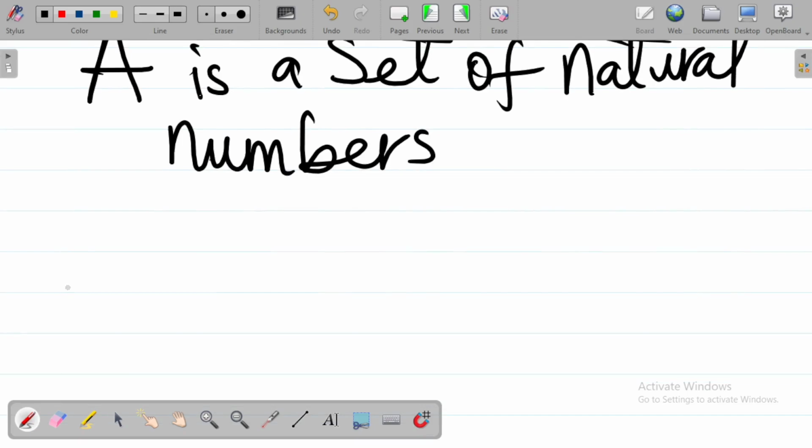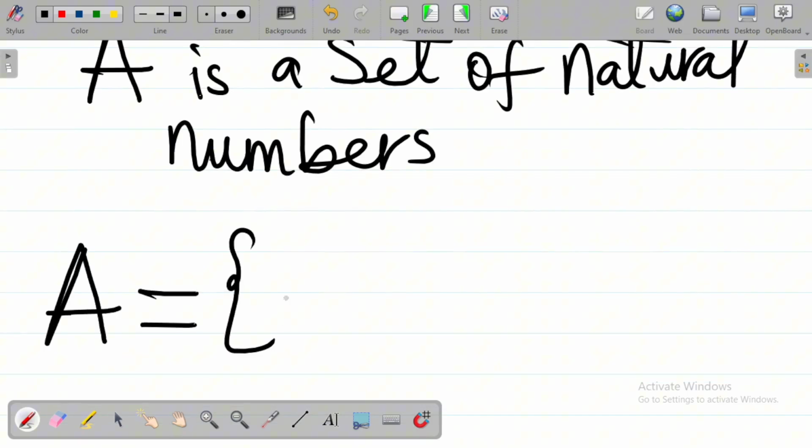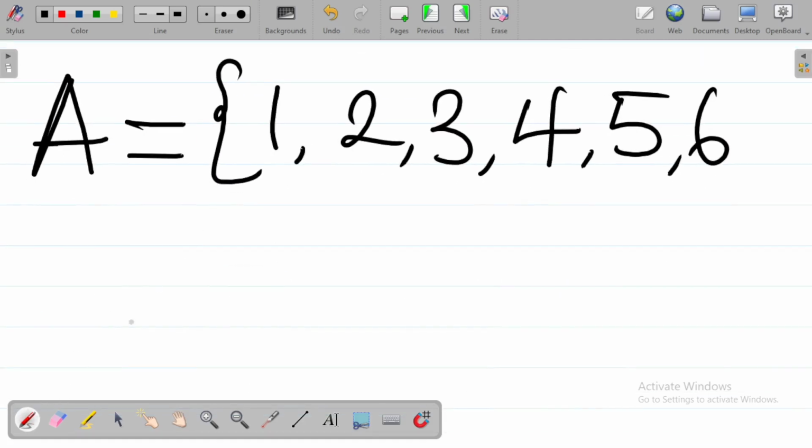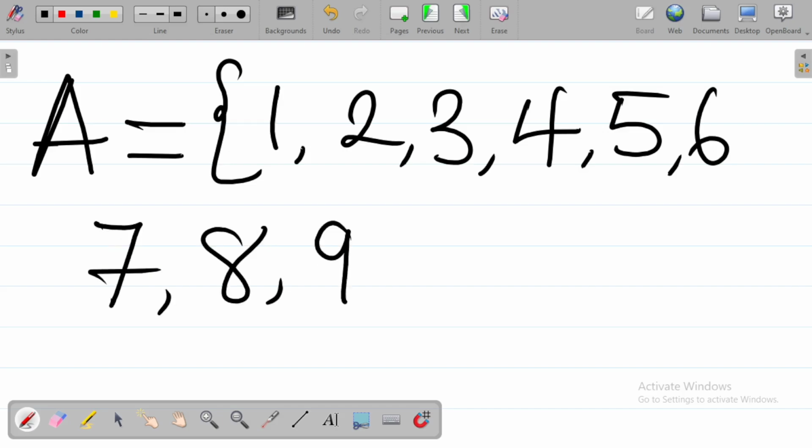So let's represent this. A is equal to 1, 2, 3, 4, 5, 6, 7, 8, 9, 10, 11, 12.